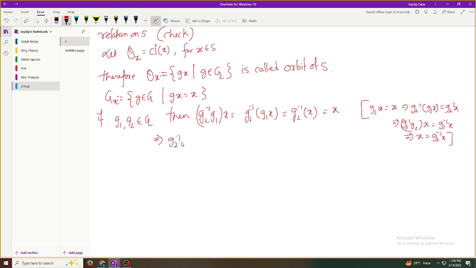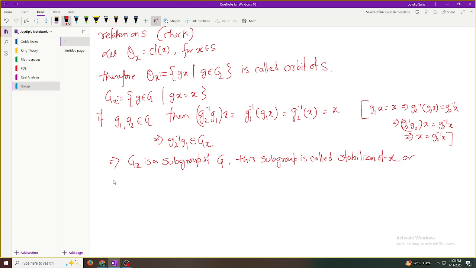Therefore g2 inverse g1 also belongs to Gx. This implies Gx is a subgroup of G. This subgroup is called the stabilizer of x or isotropy group of x.